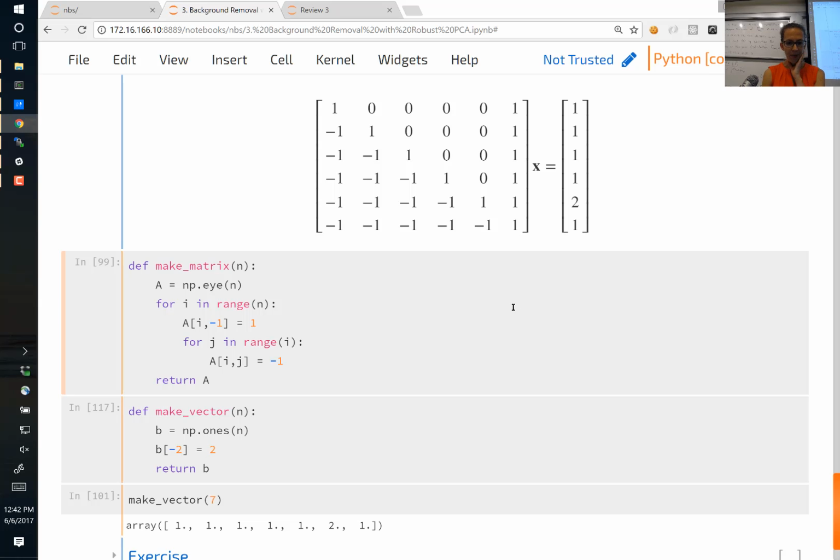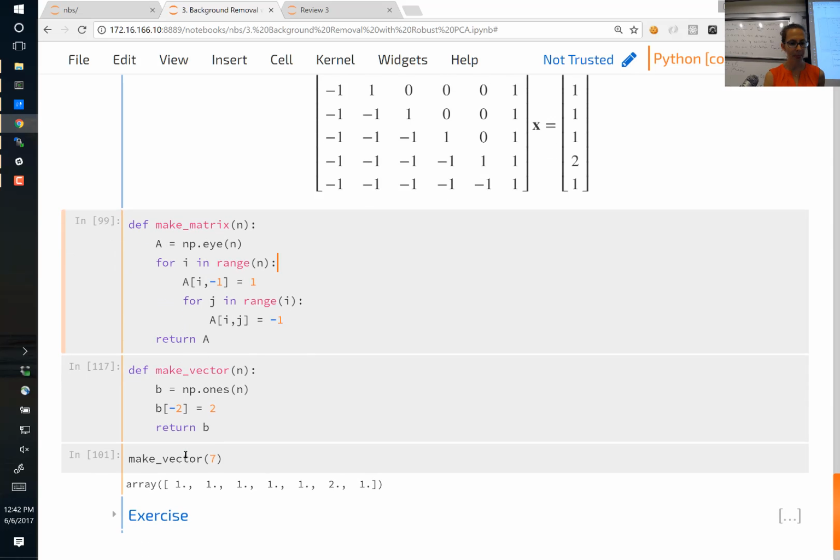I wrote a function, make matrix, that will generate that for any size n. It starts off with the identity, sets the last column to ones, and then sets everything below the diagonal to -1. We're making this vector over here, which is going to be all ones except a 2 in the negative second position.